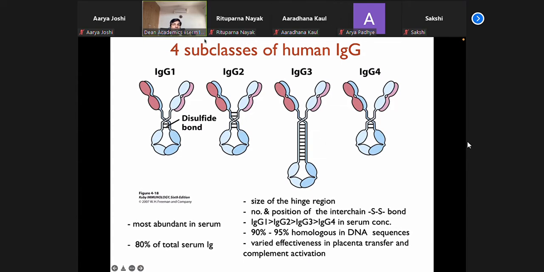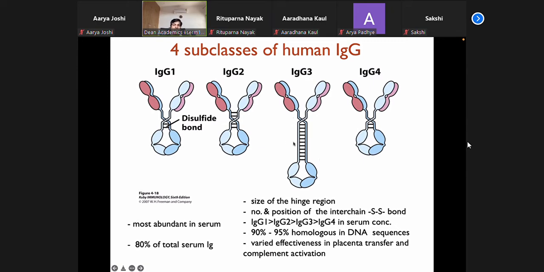Something more about IgG. These are different depictions that you get for IgG: IgG1, IgG2, IgG3, IgG4. And you can see that the hinge region is quite extended, with a lot of disulfide bonds between the two heavy chains in IgG3.